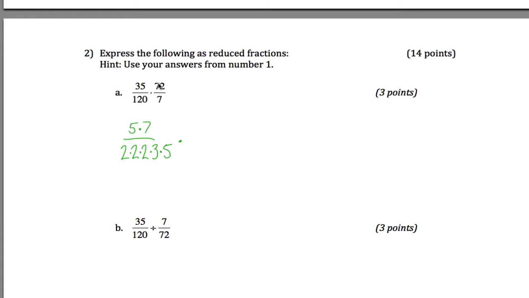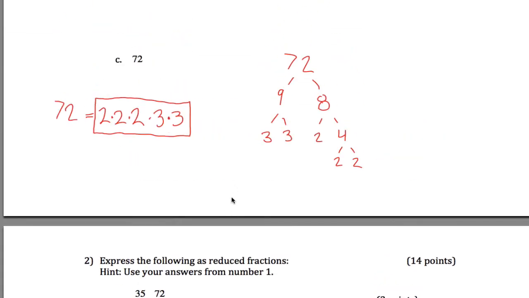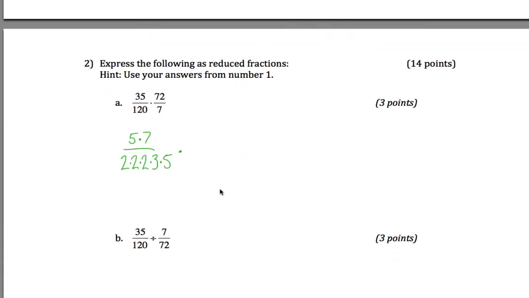And I want to multiply that by 72, which I figured out was 2 times 2 times 2 times 3 times 3, divided by 7, which is a prime number, so it is its own prime factorization.